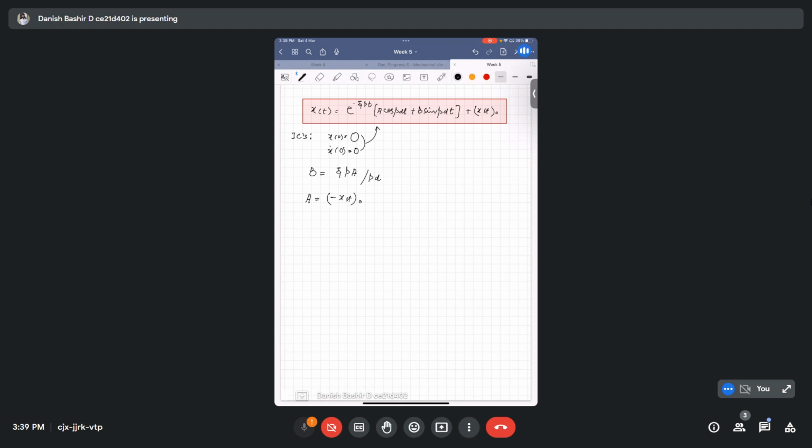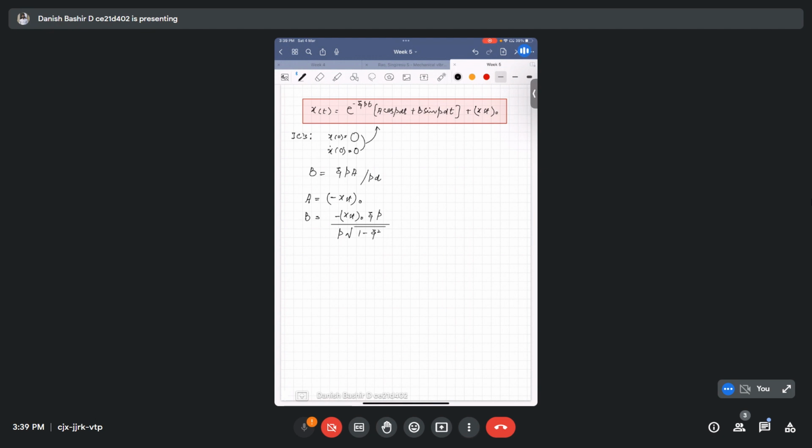So b will correspondingly be equal to minus x static naught in place of a, theta p divided by pd. We can write pd now as p times root under 1 minus theta square.